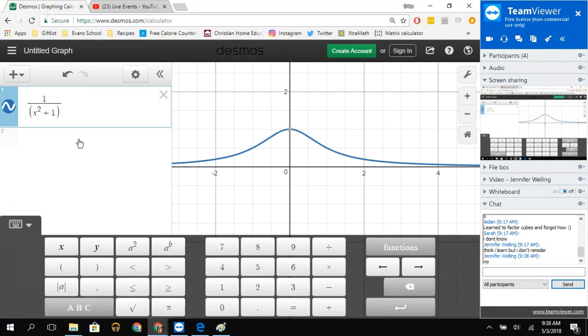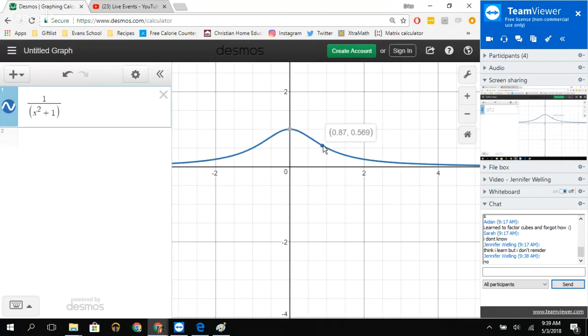Number 55 is the limit as x approaches 1 of 1 divided by x squared plus 1. So we want to know what happens as x approaches 1. Here we have it on our graph, right? This is actually just a value, which is 0.5.